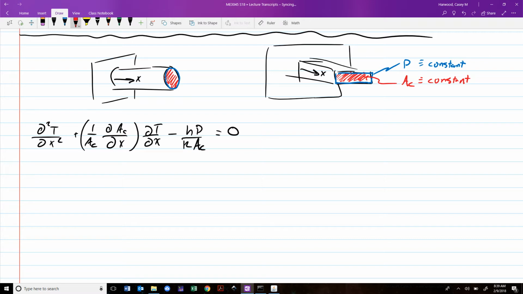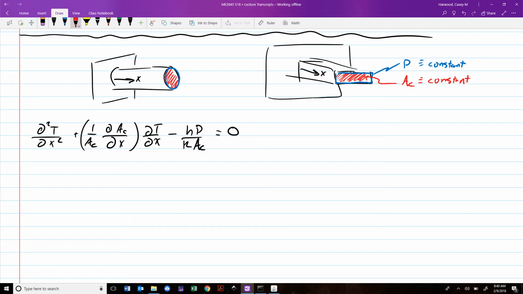In its most basic form, if we don't make any assumptions about the cross-sectional area, A_c would change in x, P would change along x, and this becomes a second-order differential equation with non-constant coefficients, which is a pain to solve, I'll be honest.